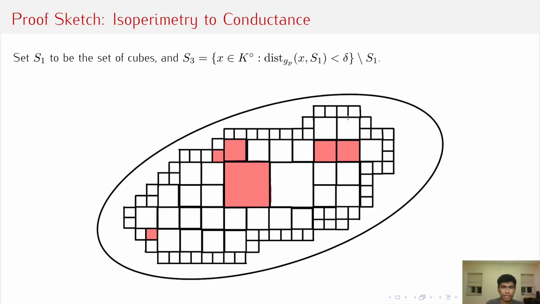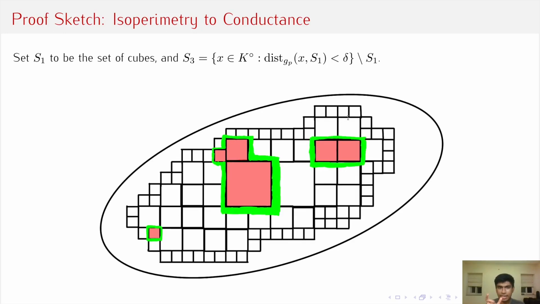So for example, if we are interested in bounding the conductance of these pink cubes, you first set S1 to be just the union of all these cubes, and then S3 is just a delta expansion of these, and S2 is everything else. The important thing to note here is that the distance by which we are expanding each of these cubes to get S3 is thicker near the middle of the body and thinner near the boundary of the body.